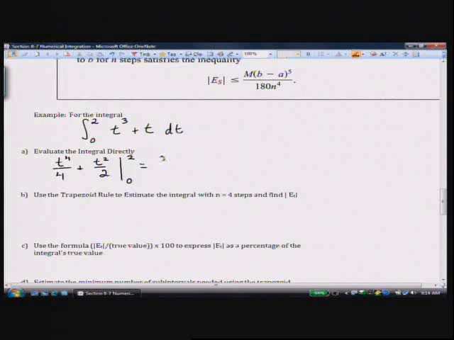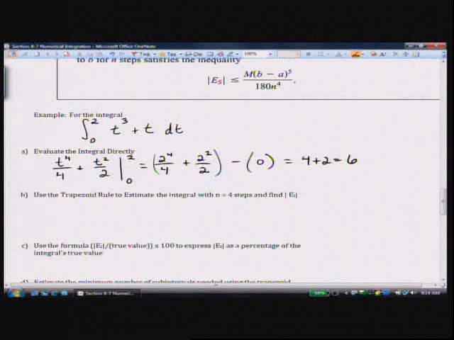And so this is going to be 2 to the 4th over 4 plus 2 squared over 2. Then, of course, when you plug 0 in, you're just going to get 0. And so this is 4 plus 2, which is equal to 6. Okay? And now we're going to try using the trapezoid rule to estimate the integral with n equals 4 steps, and we're going to find the error.